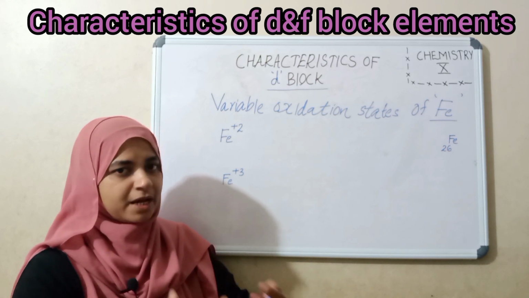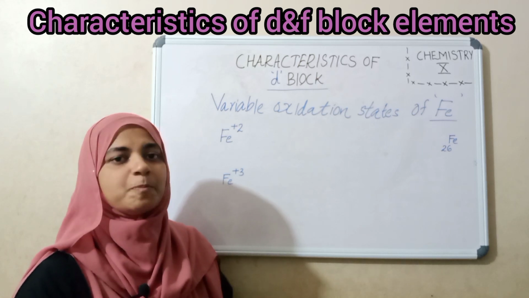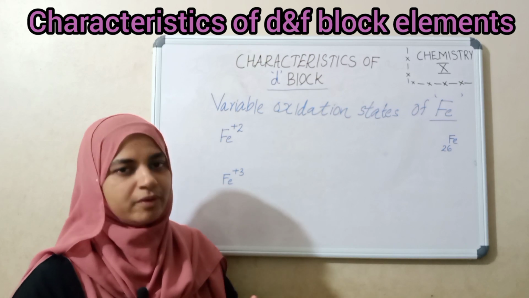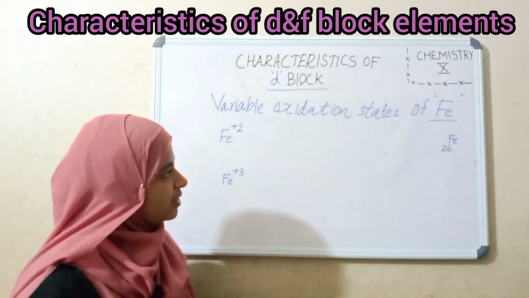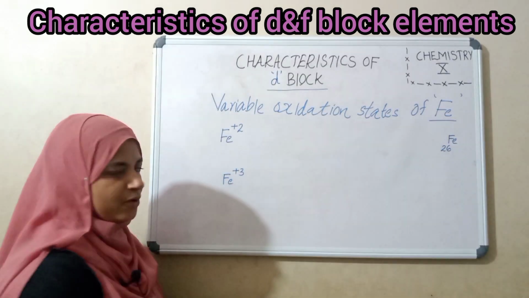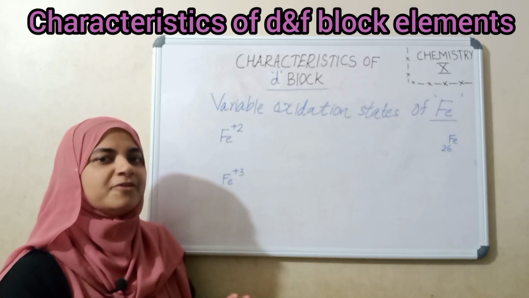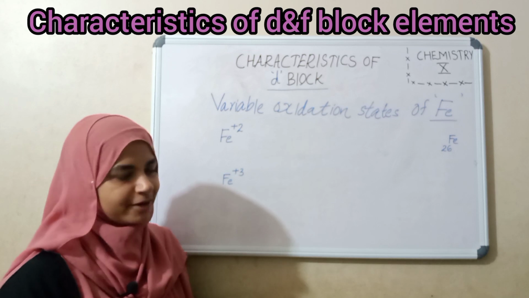But when it becomes a positive ion, that is a plus 2 ion, it donates 2 electrons. Therefore, Fe plus 2 ion means Fe plus 2 ion having only 24 electrons.